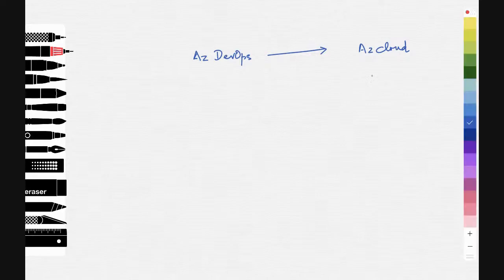So whatever subscription I'm planning to use here, I need to add it in here and say that this is the subscription. With this authentication, I would be getting in. So we need to create something called a service connection.